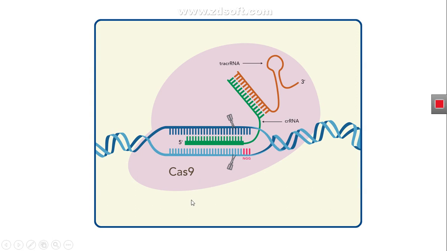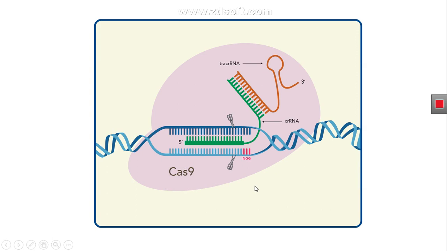We will see now. What they do, they fuse the genes of two proteins, Cas1 and Cas2, the DNA unwinding enzyme, and Cas9, the DNA cutting enzyme.